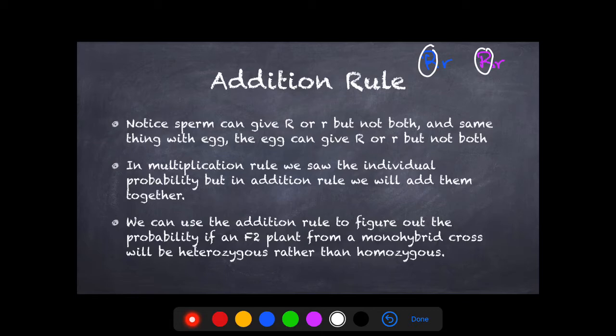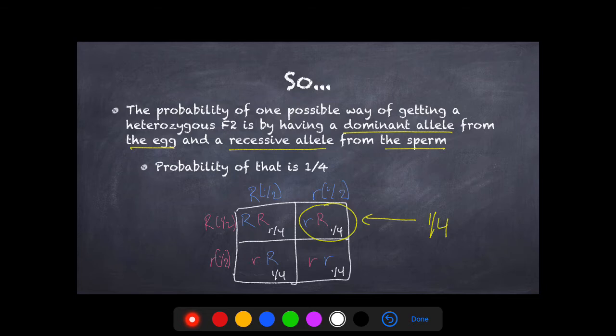Okay, so we can use the addition rule to figure out the probability of the F2 plant or F2 generation from a monohybrid cross, and we can see that it's going to be heterozygous rather than homozygous.